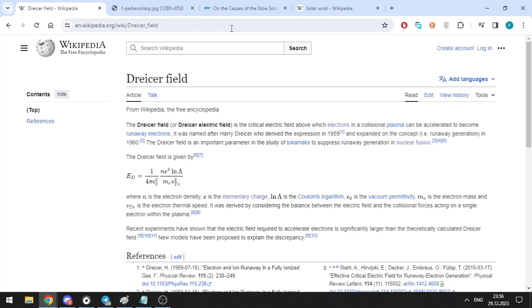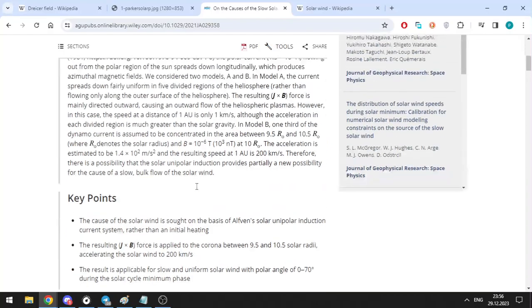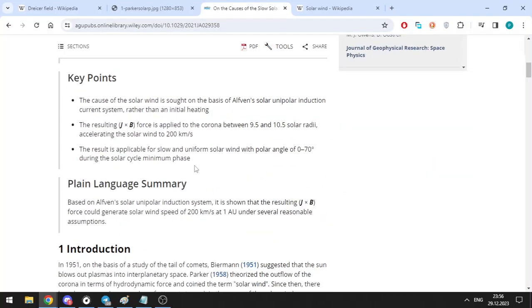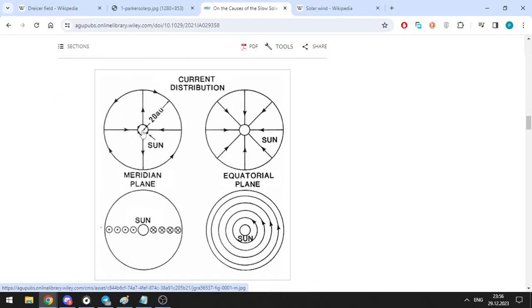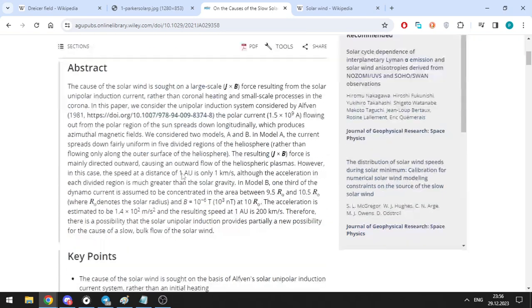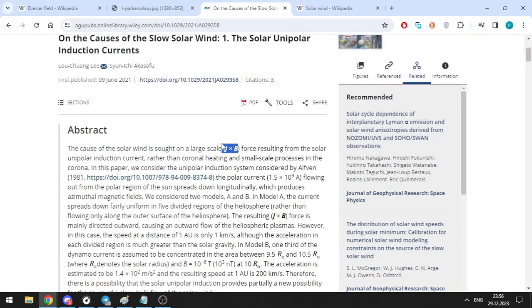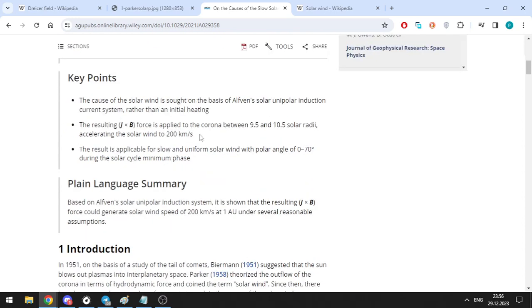Then, very recently, there was another idea by Akasofu, a very well-known guy in magnetospheric research. He has proposed that it's the Alfvén unipolar current that acts on the solar wind, and solar wind is charged particles, right? The magnetic field can act on a moving charged particle with certain force, and that's what he believes is happening.